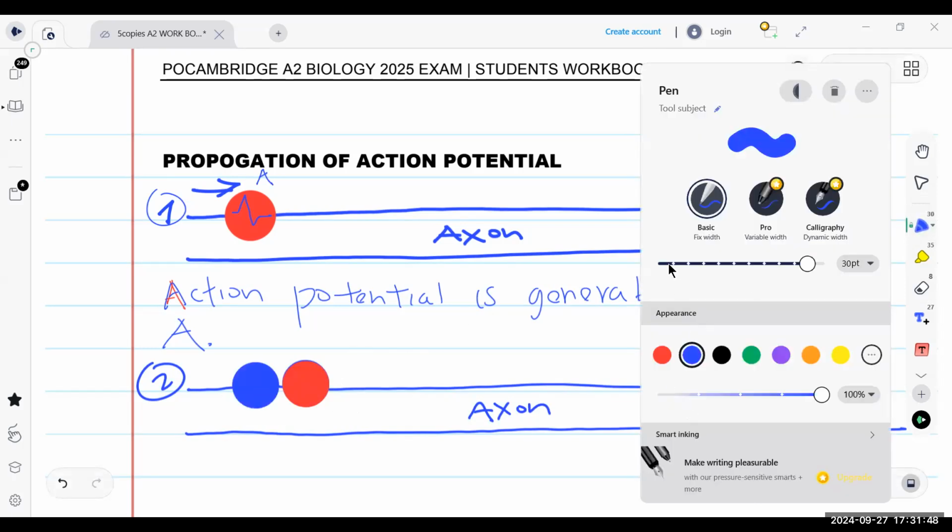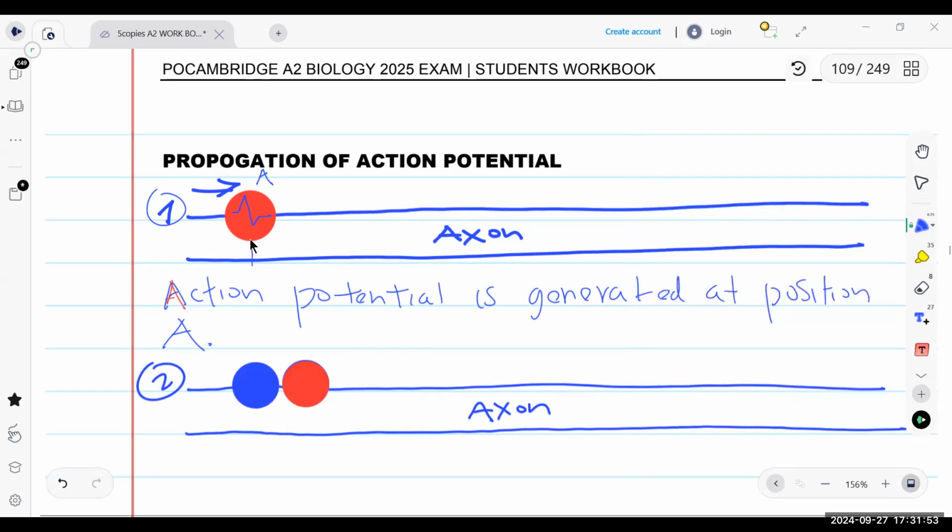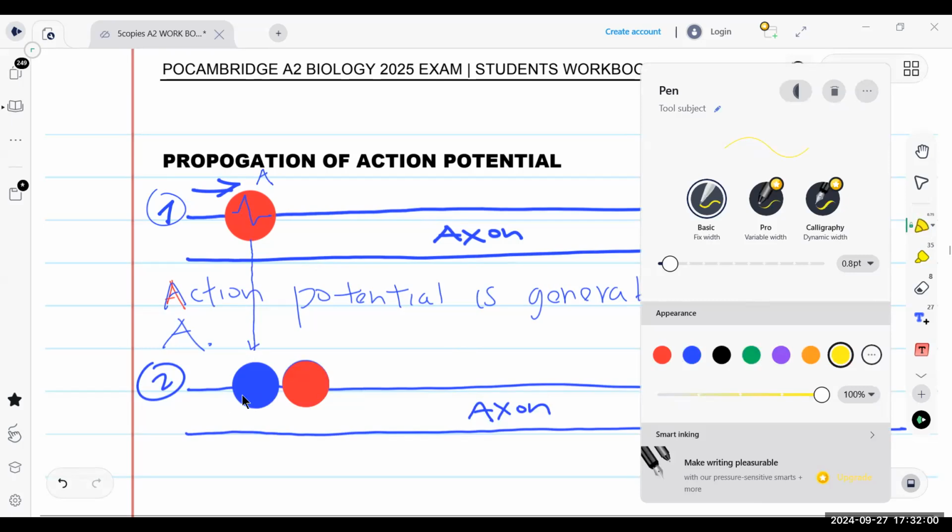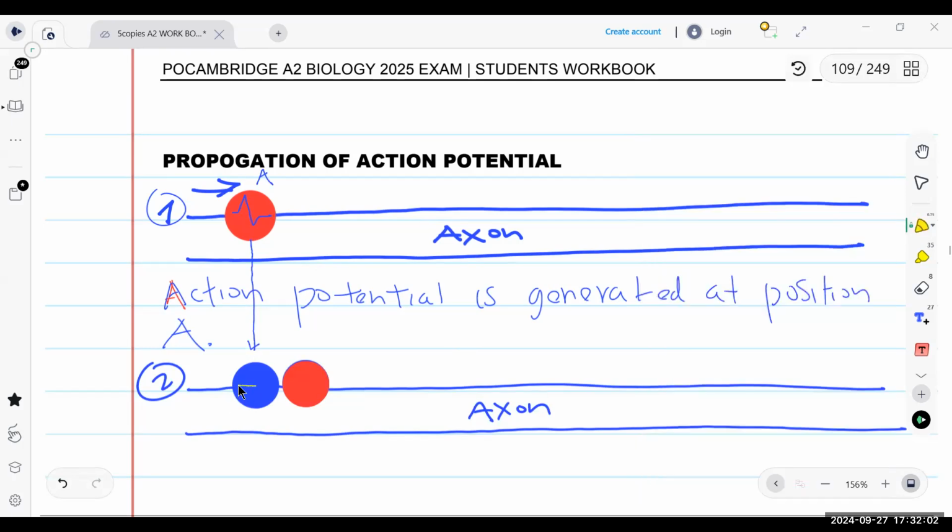Now you can see the same place, position A. It has come back to the resting membrane potential. So position A, in the second picture, has just finished everything: action potential generated, depolarized, repolarized, and back to resting membrane potential.